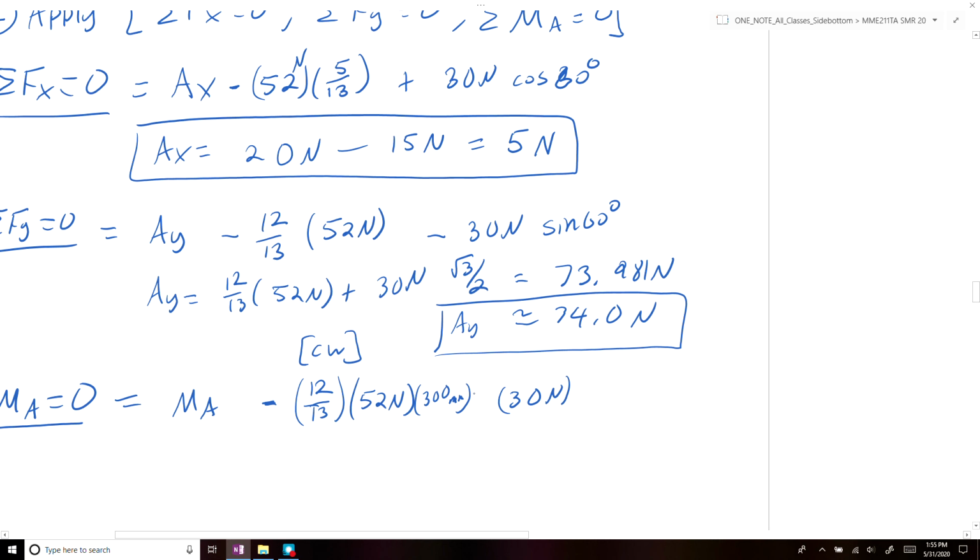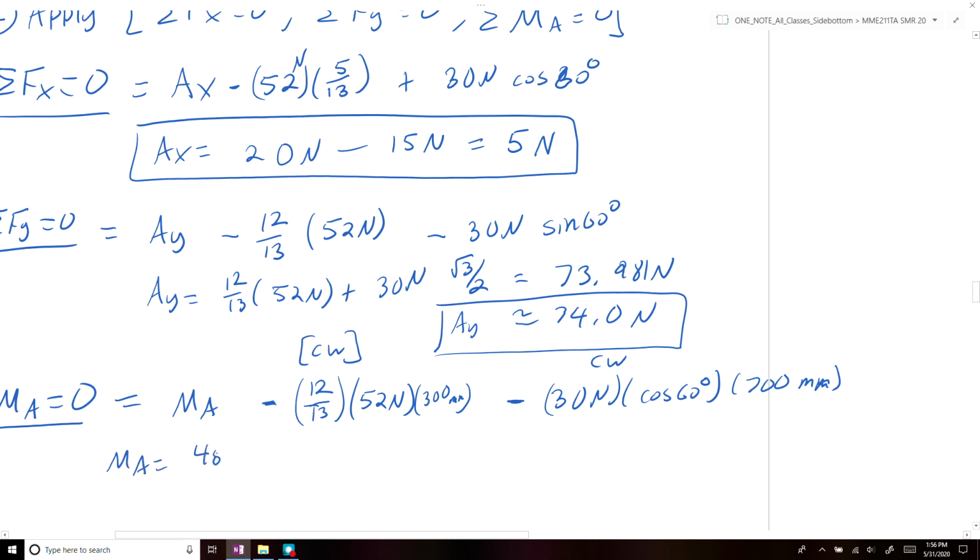Okay, and then for force C, it's going to be equal to 30 newtons times the cosine of 60 degrees. It will again create a clockwise motion, and then the moment arm for this force is 700 millimeters from point A.